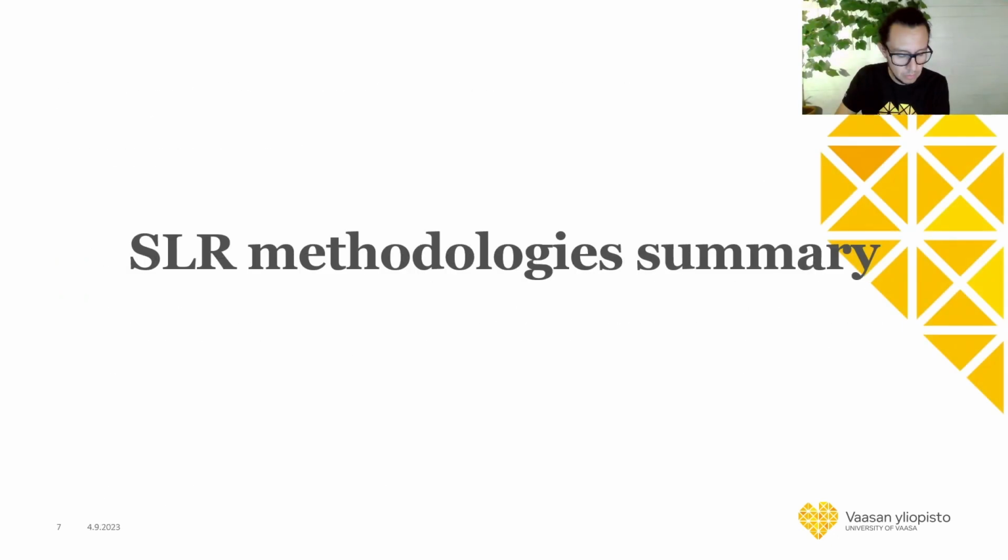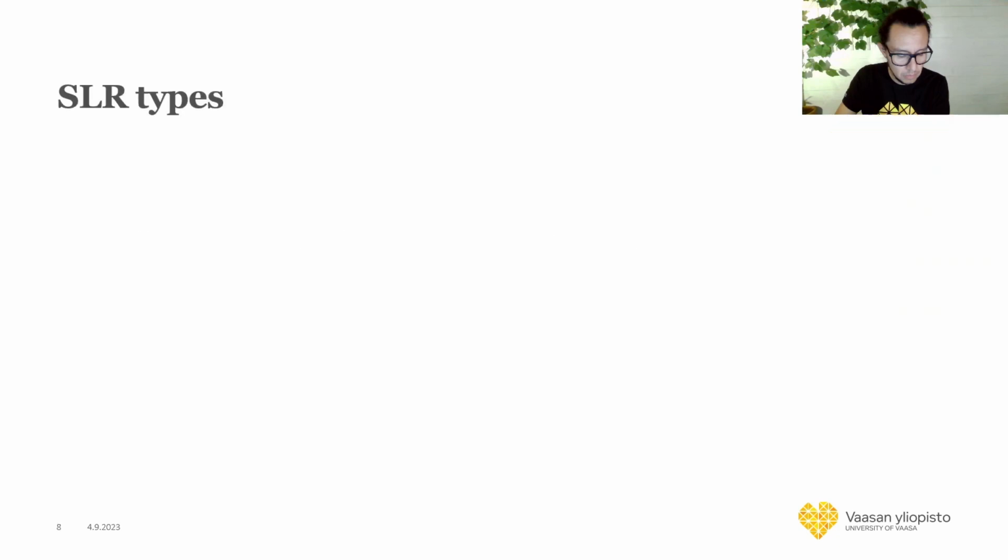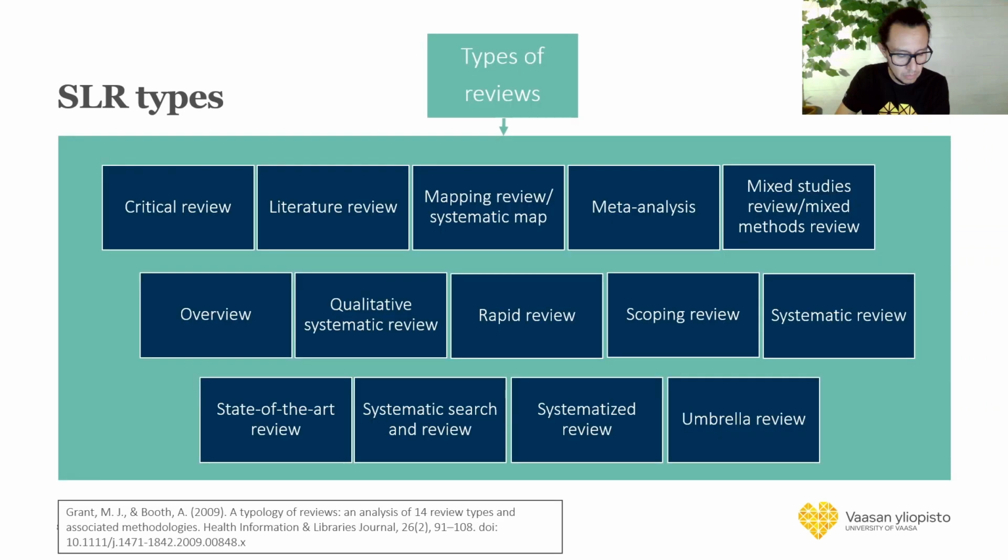I'm going to talk about methodologies, but this is a very brief analysis of systematic literature reviews. Please check the references for more information. There are different types of systematic literature reviews. As you can imagine, the goals of secondary investigations are multiple.